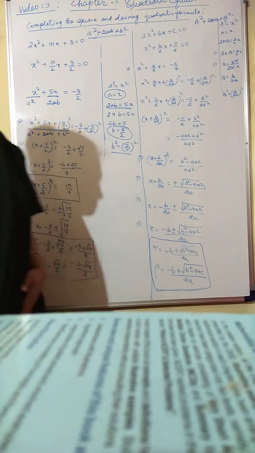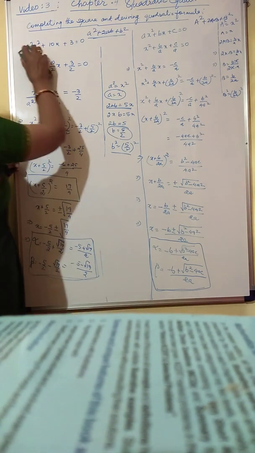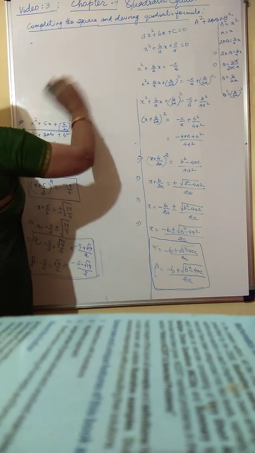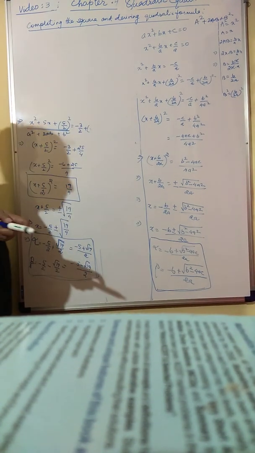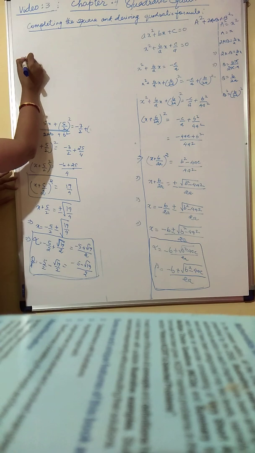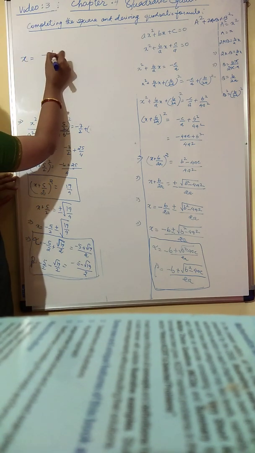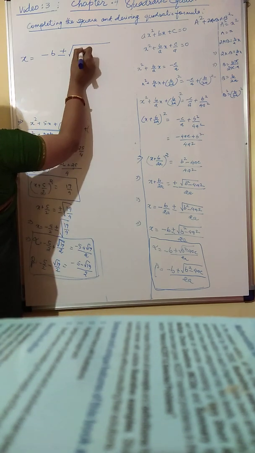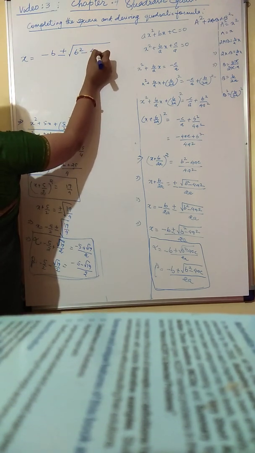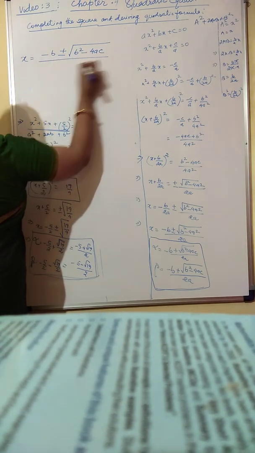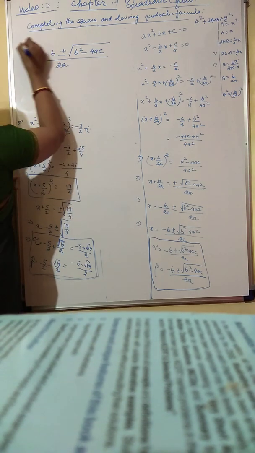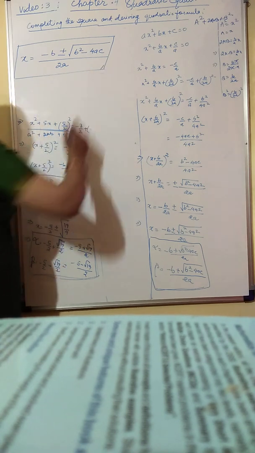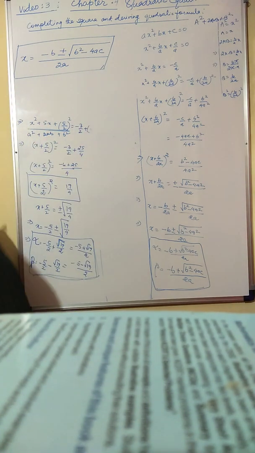So this is what is called the quadratic formula, or it is also known as Sridharacharya's rule, where we get x equal to (minus b plus minus root under b square minus 4ac) by 2a. This is called the quadratic formula or Sridharacharya's rule.